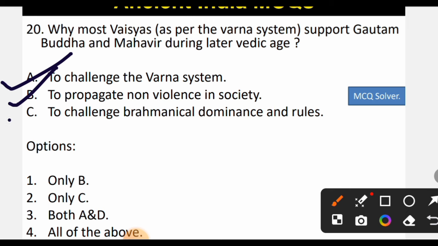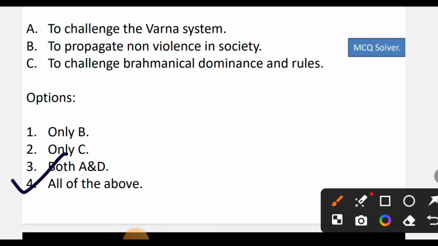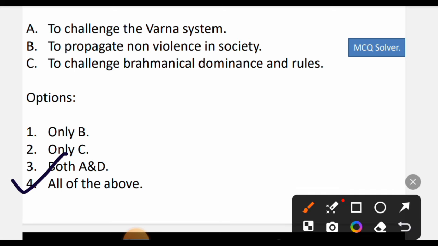And statement C is also correct, as the theories given by Gautam Buddha and Mahavira challenged the Brahmanical dominance and rules. That's how they were getting support from Vaisyas. So all the above options are correct. The correct option will be option number 4, that is all of the above.